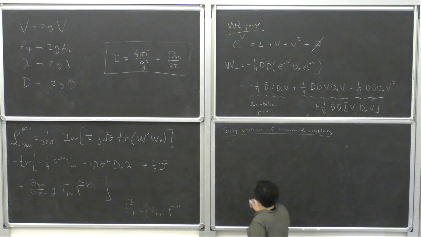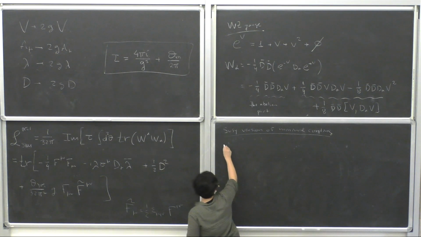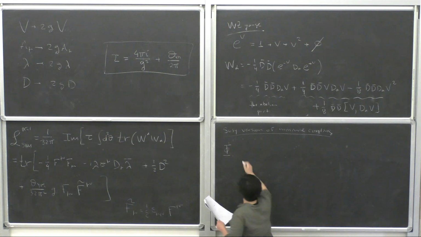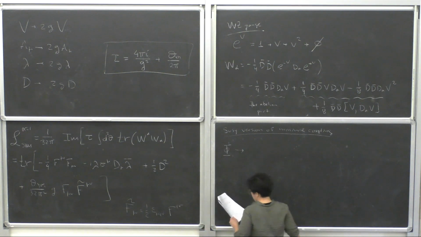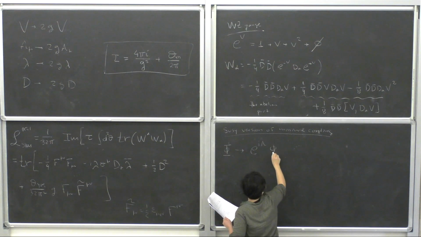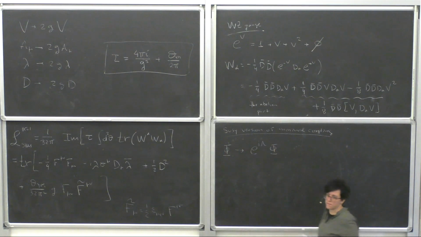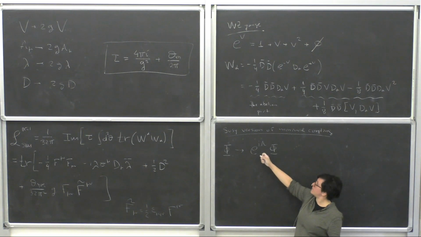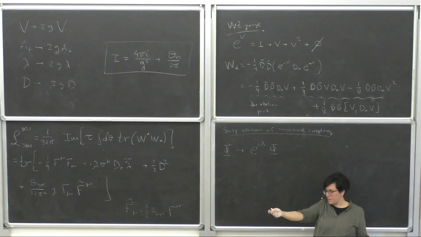Okay, so let's do this. Let's assume we have a phi that transforms under gauge transformations like this. It has to be like this because phi is chiral, so whatever transformation I do has to be chiral.